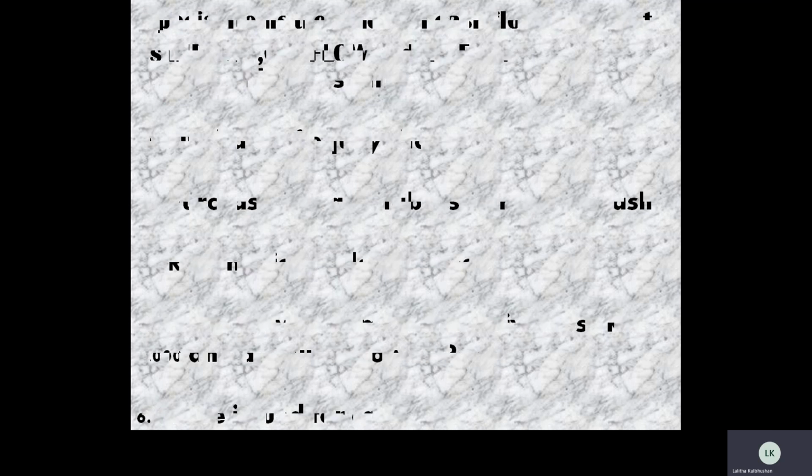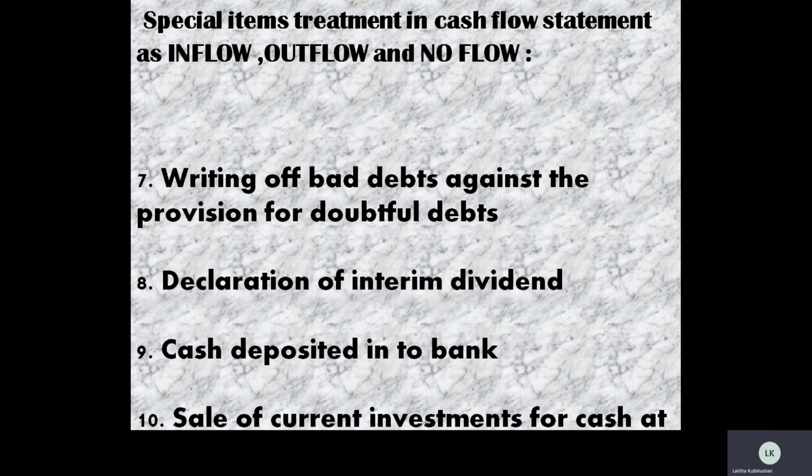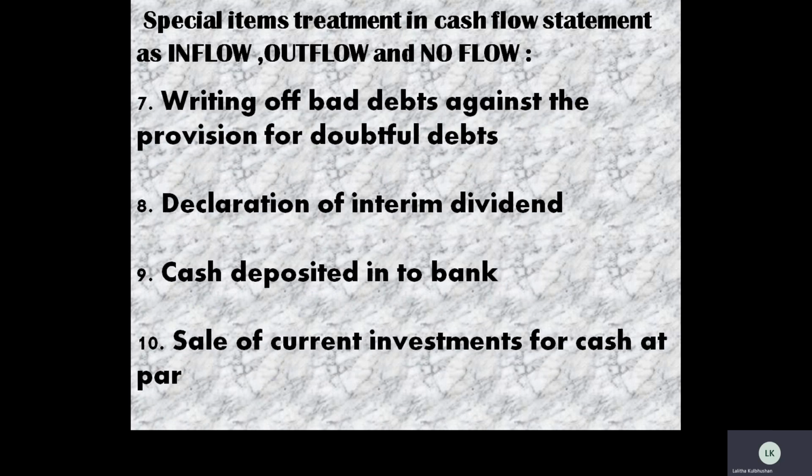Now the next item we are going to discuss here is writing off of bad debts against the provision for doubtful debts. So children, you may be knowing about it. Why do we create the provision for bad and doubtful debts? Bad debts means what? It is actually a part of the debtors which fails to make the payment. Am I right? Or the debtors from whom we are not able to receive payment is what we call bad debts.